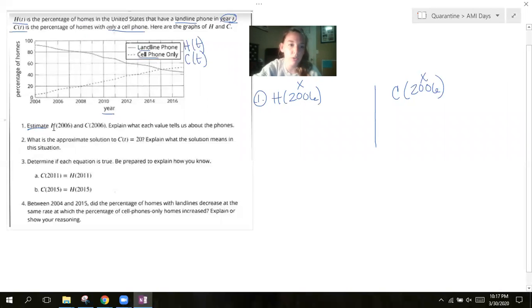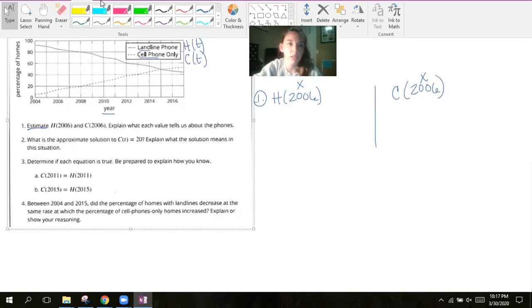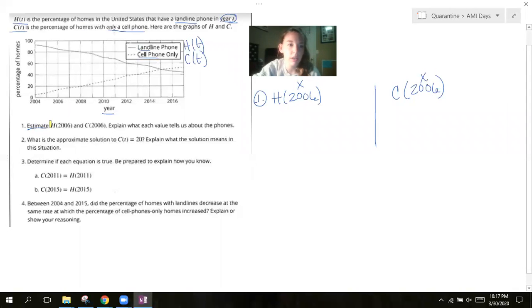I'm going to use yellow to talk about the home phones. Home phones, again, are the solid line. So I'm going to go to 2006, and it's about right there. It said to estimate because it's not exactly on a point.